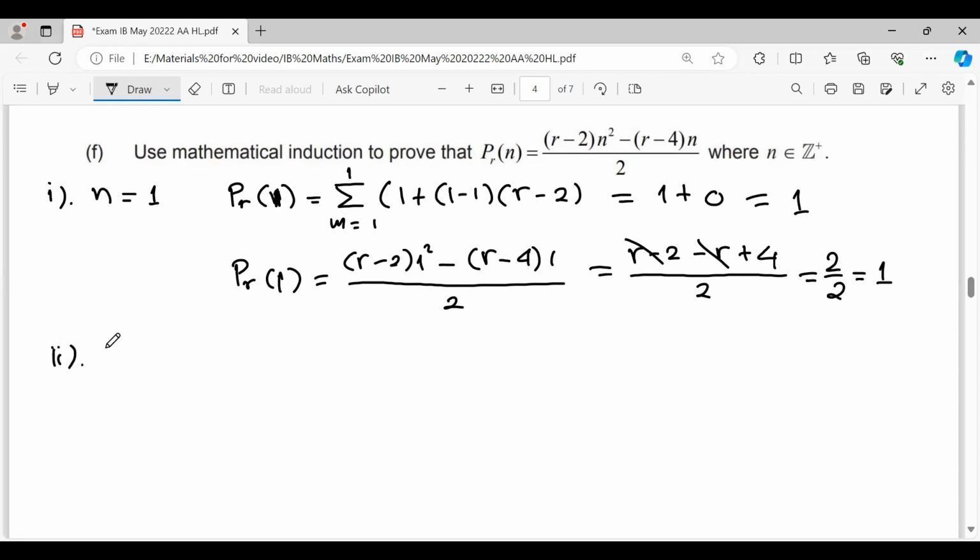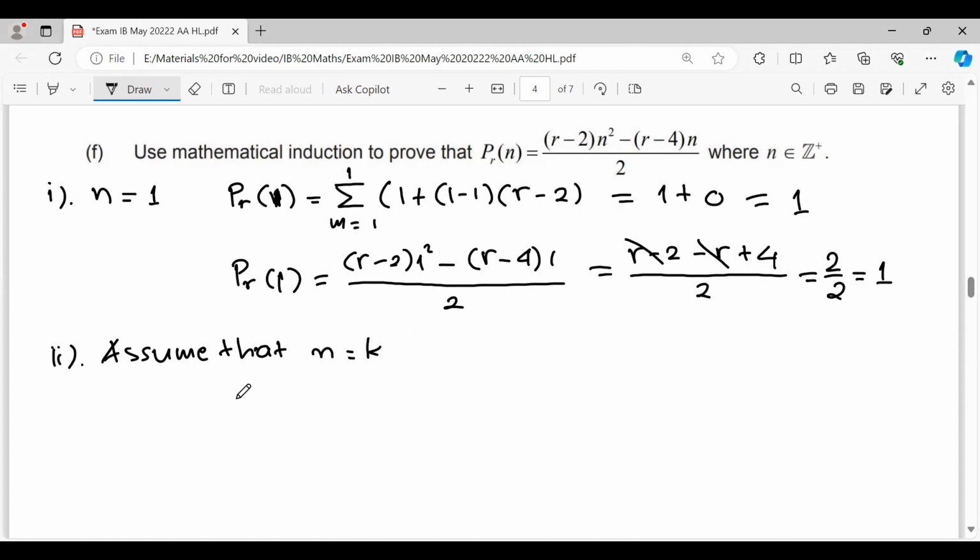Second step, assume that if n equals k, the statement is correct.